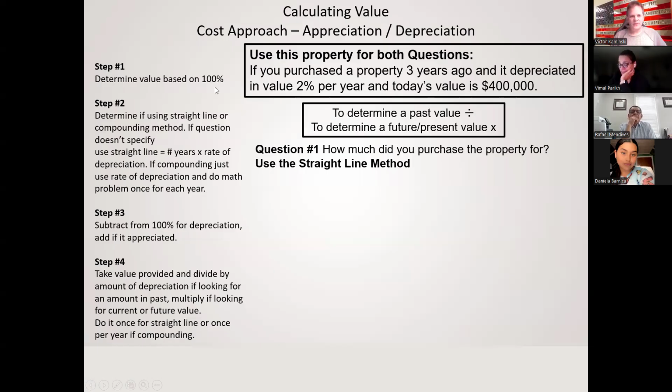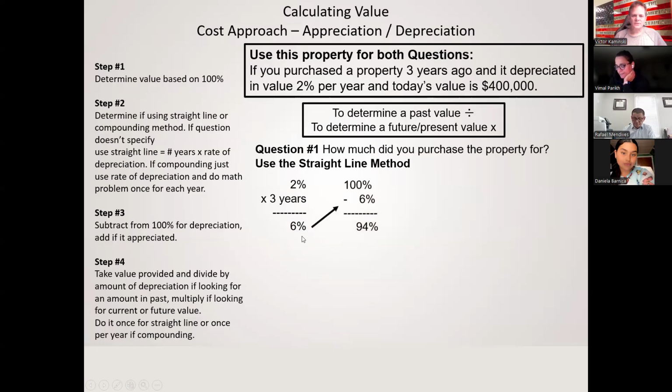Okay, so the first step is determining value is based on 100%. Then you write down the rate of depreciation. Using the straight line method, you take the rate of depreciation and multiply it by the number of years it depreciated, which we got from the problem, and that gives us 6%.